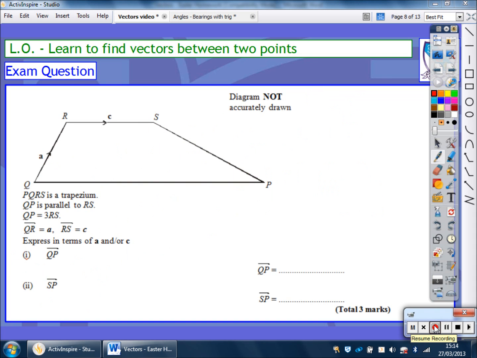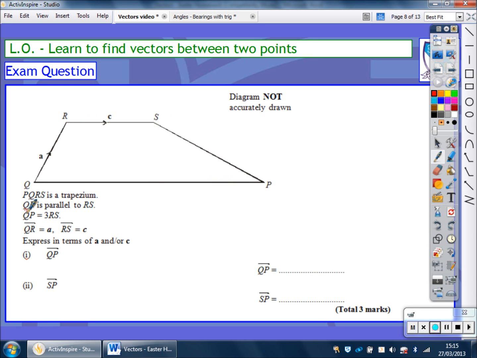Okay, so here is a typical exam question. Now what you need to do with exam questions is read through all the information and add anything to the diagram which is going to help you. So we can see here we've got a little vector A which goes between Q and R. We've got a little vector C which goes between R and S. And now it says PQRS, which is this shape, PQRS is a trapezium.